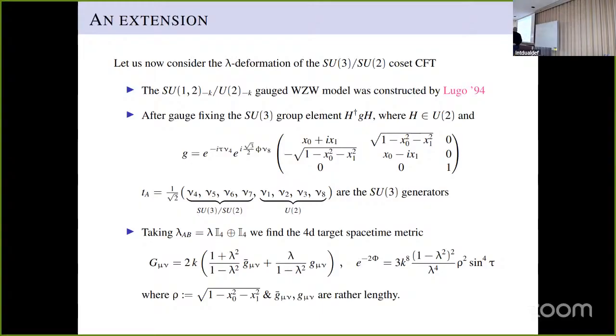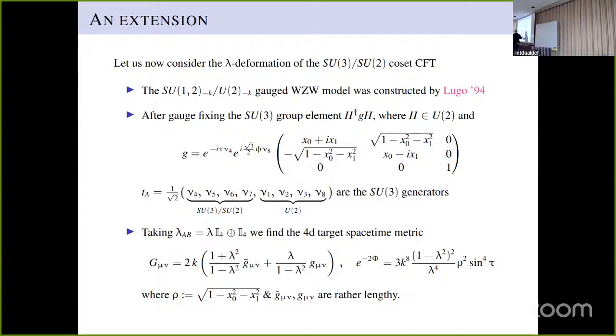If we do something like that, after some algebra, we can find the corresponding metric. There is no B field, as there is no B field for symmetric cosets, for the deformations. The corresponding metric takes this form; G bar and G are metrics, I'm going to illustrate them in the following slide.